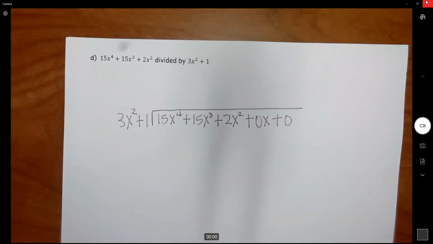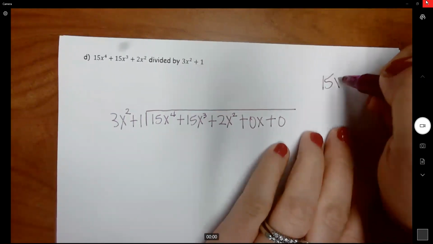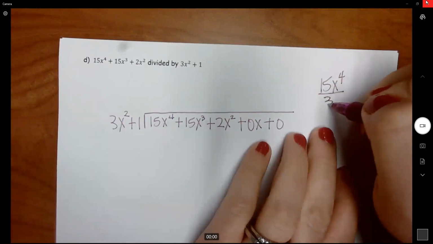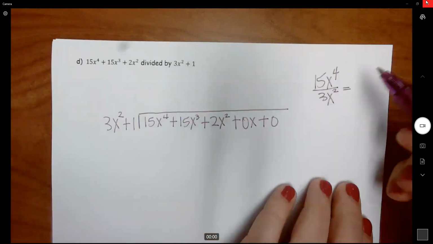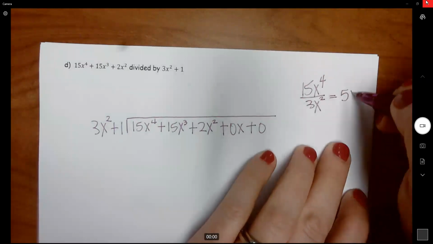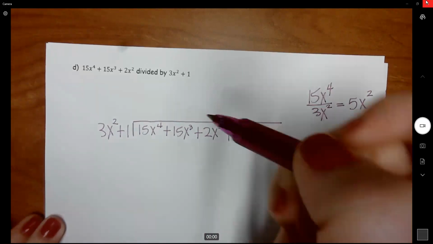You want to put placeholders. Okay. So take your first term, 15x to the fourth, and divide it by the first term here, 3x squared. 15 divided by 3 is 5. X to the fourth divided by x squared is x squared. Put this above your squared column.